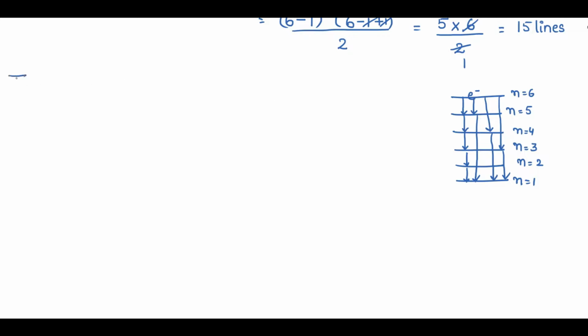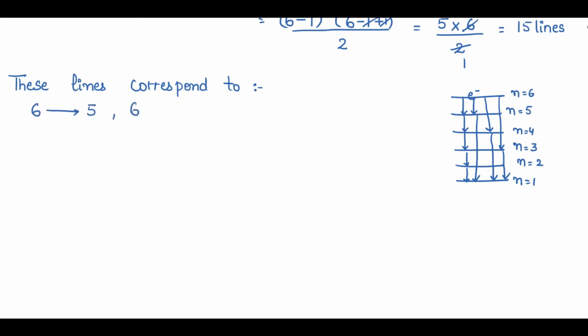So you can write over here, these lines correspond to, first of all, this electron can jump from the 6th orbit to the 5th orbit.